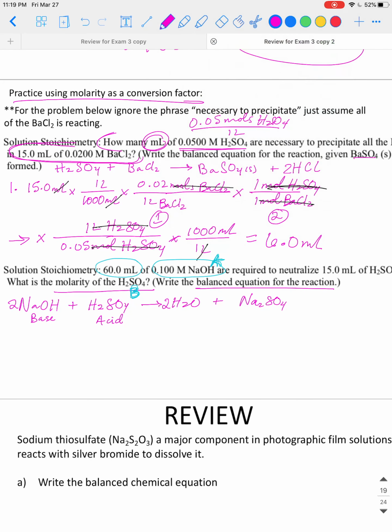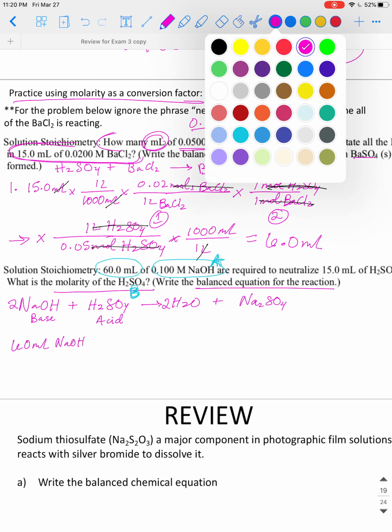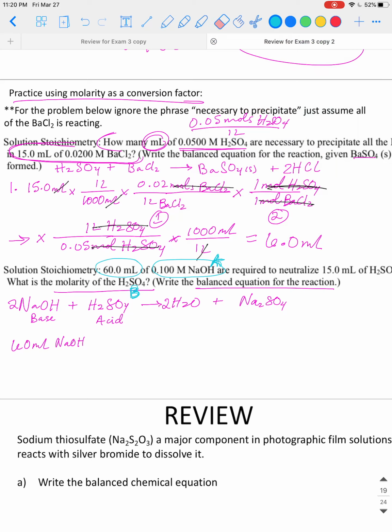Okay, so we're going to start with 60 milliliters of NaOH. And we have 0.1 molar NaOH. Remember, 0.1 molar, that's like saying we have 0.1 moles per liter.